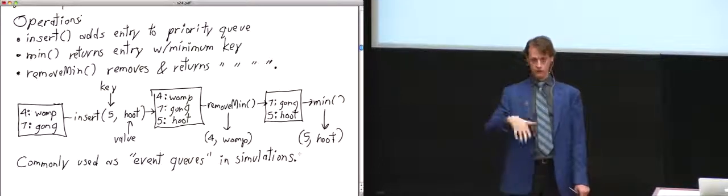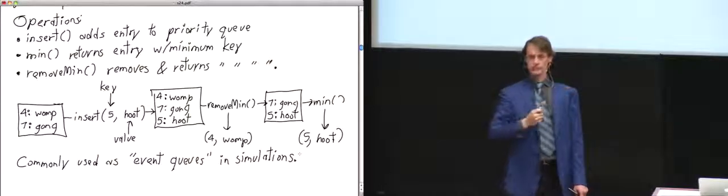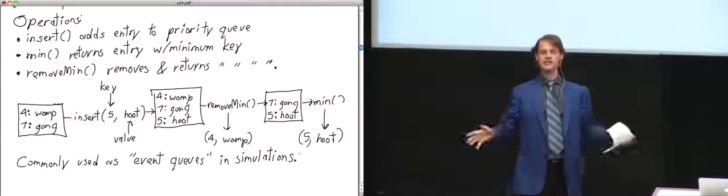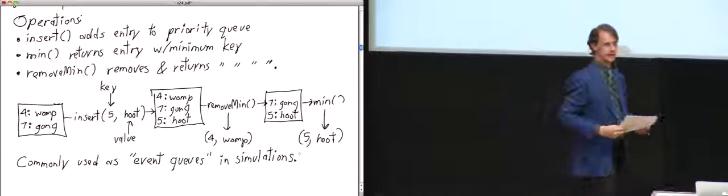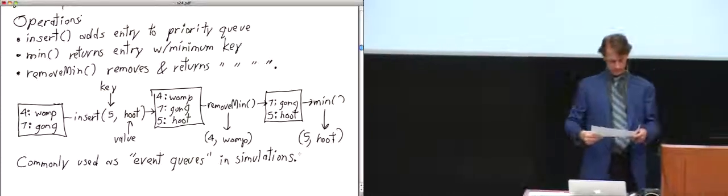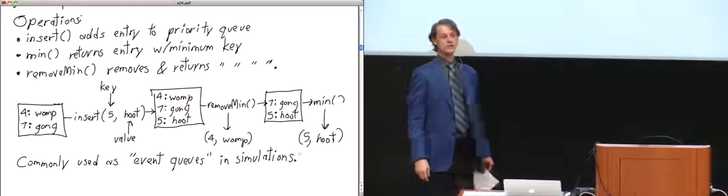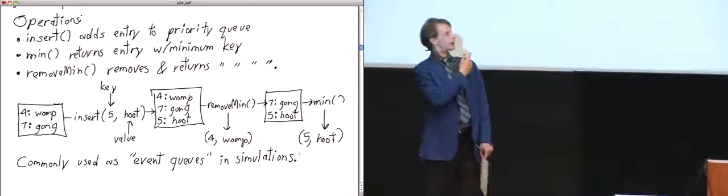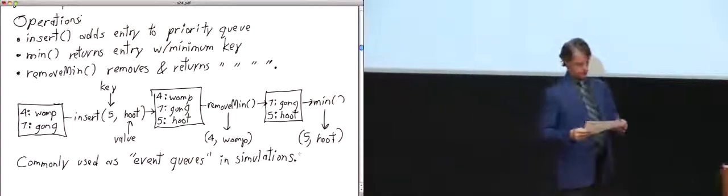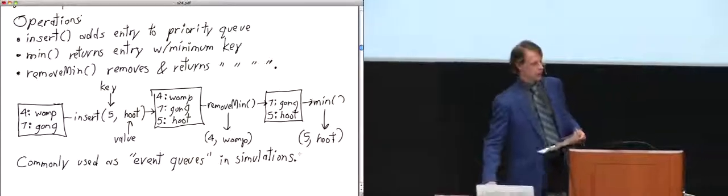How do you find the new event after you remove the previous min? That's what the whole rest of this lecture is about. How to do that fast. So, to answer that question, I'm going to talk about a data structure called a binary heap, which is one way to implement a priority queue.